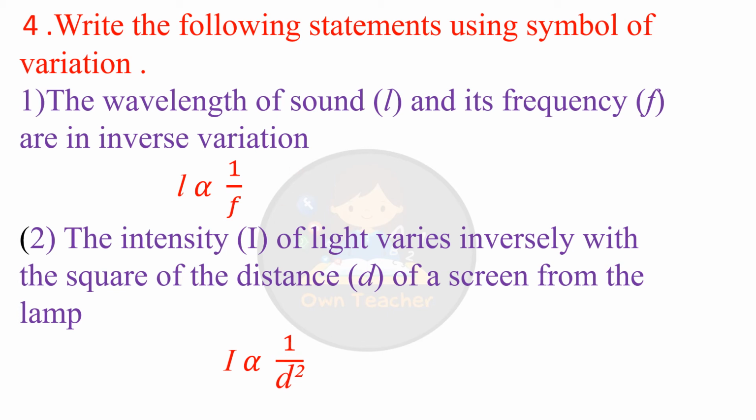We will write this as L is inversely proportional to F. The second example, the intensity I of light varies inversely with the square of the distance d of a screen from the lamp. We will write this as I is inversely proportional to d square.